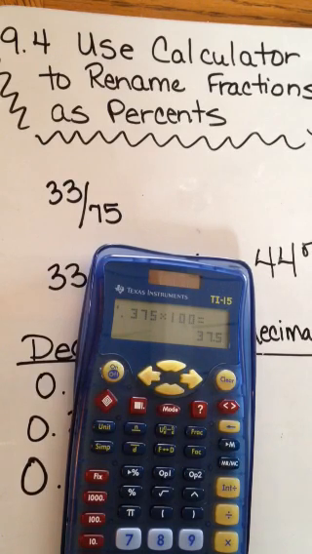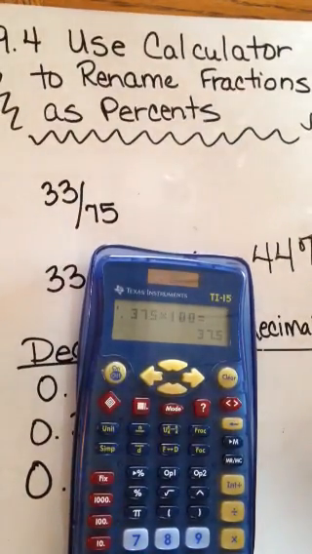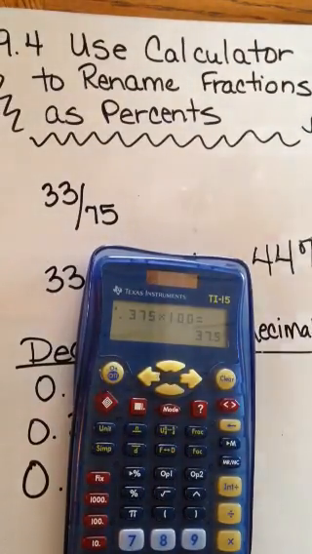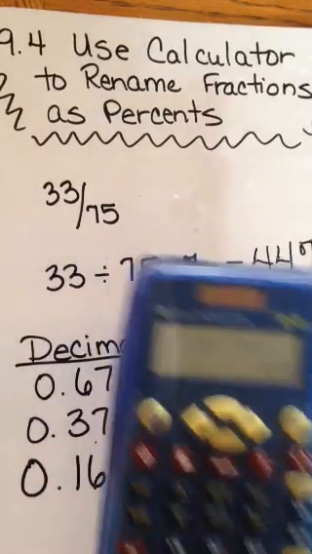That is our actual percent. That's a little bit different than what we had before, because 375 is actually a bigger numerator than our denominator, so that means that we have more than a whole there.